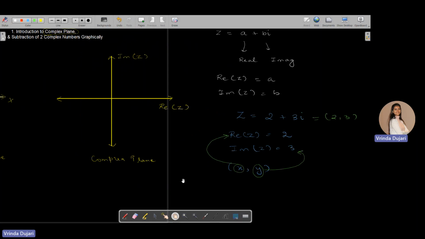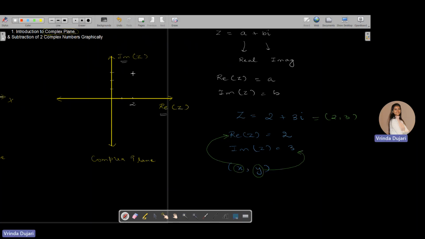Okay, so now if you have to plot this complex number z, we also call the x-axis the real axis and the y-axis the imaginary axis. So what you have to do is on the real axis, walk 2 points, and on the imaginary axis, walk 3 points.